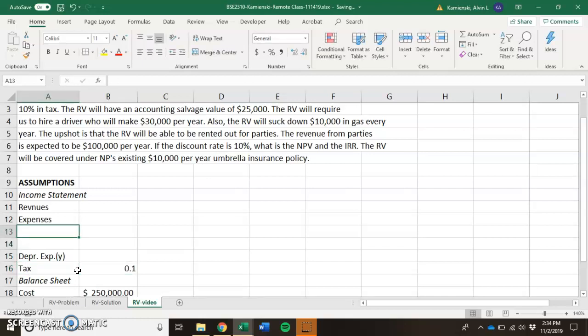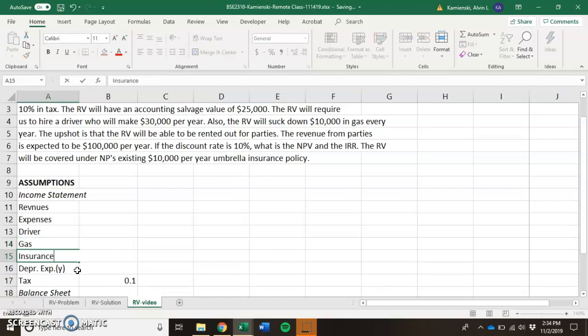Looks like there are some additional expenditures in terms of needing a driver, having to spend some gas, and then some insurance costs, all associated with our ability to run this RV.